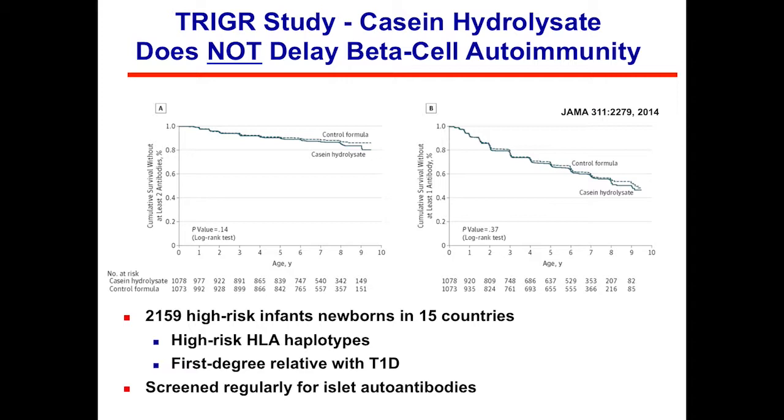And you've probably seen the results published in JAMA last year, showing no effect whatsoever of substituting cow's milk formulas with nutrigen or hydrolysate of that milk on the development of islet antibodies. The study keeps going to look at diabetes at the endpoint, so it's not yet over.